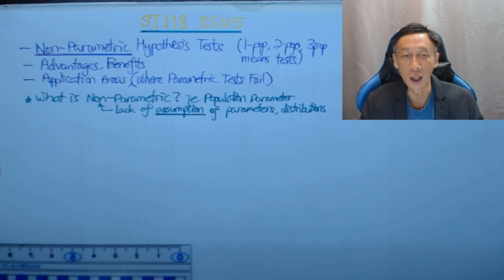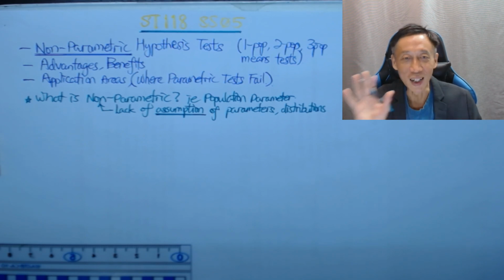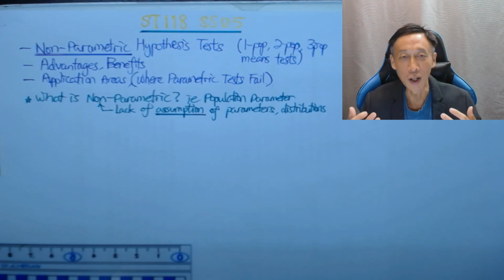So typically in classrooms, and I'm part of the culprits, part of the propaganda, we wave our hand and say, okay, assume that the data we are testing is normally distributed. So we just make those assumptions.